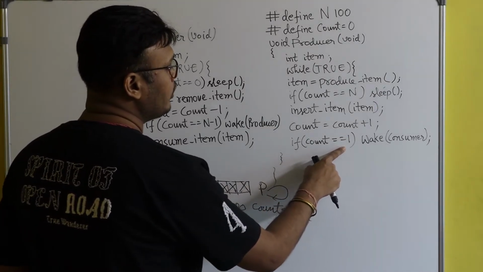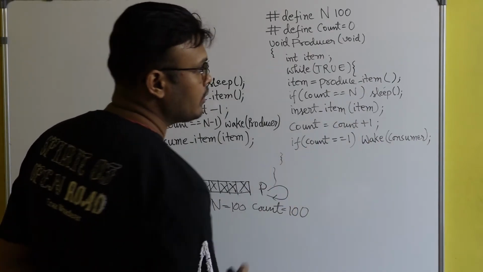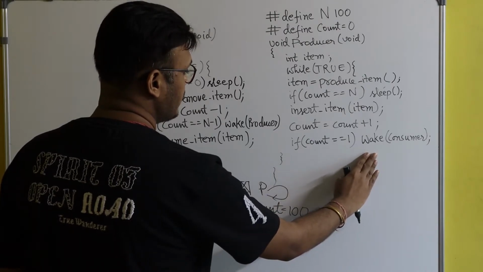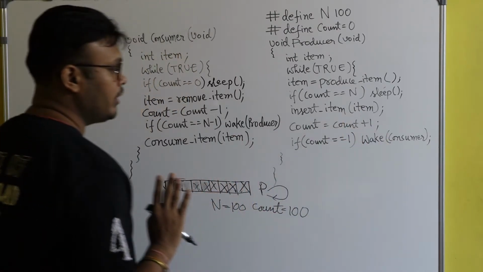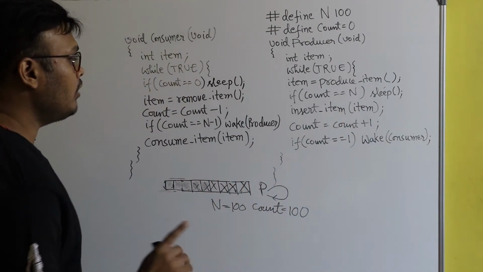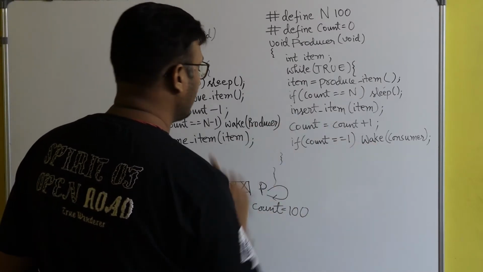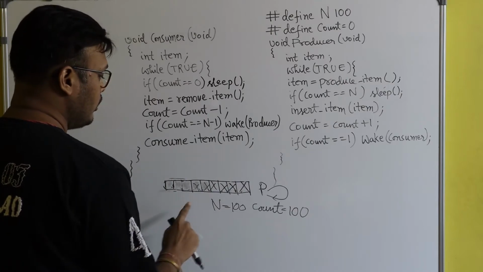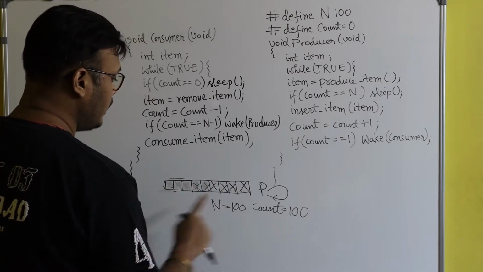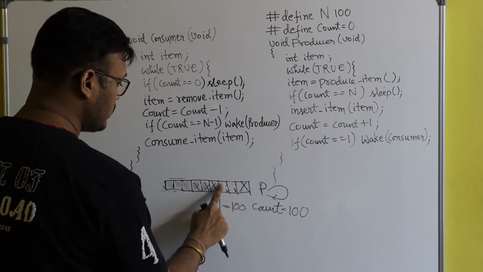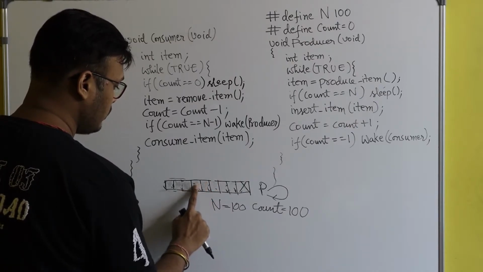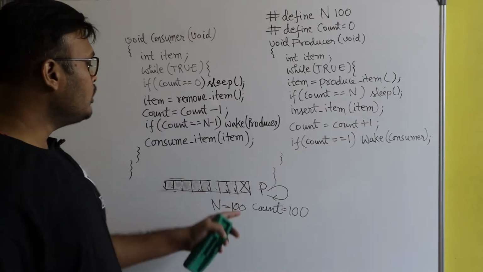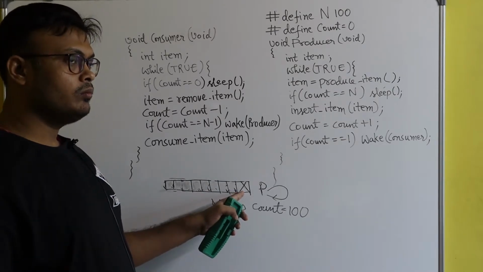If count equal to 1, wake consumer. So just try to understand this statement. This is a very important statement. Understand it very carefully. If count equal to 1, wake consumer. It means, if count is 1, if only one item is present in the buffer, the consumer can consume this item.